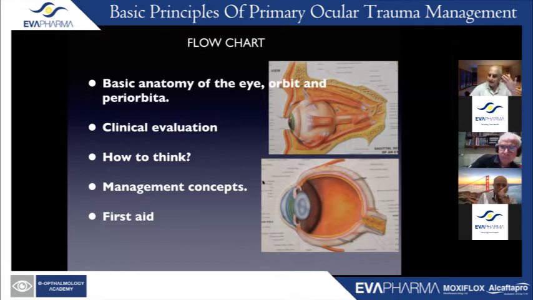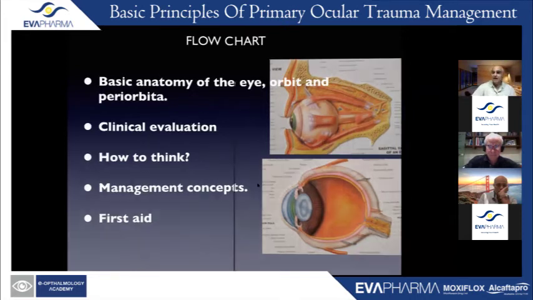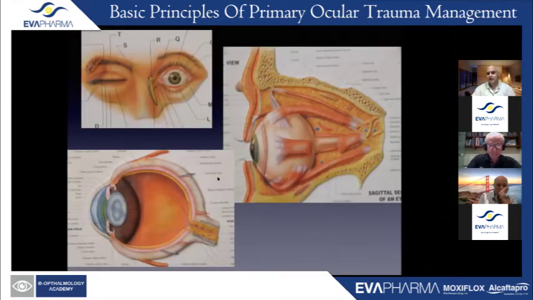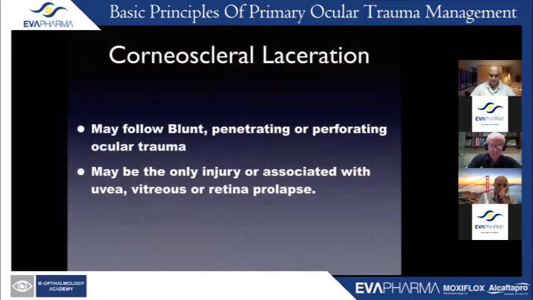You can correlate the history with possible damages and what you are looking for, because as you saw, there are so many different presentations that could be severe and you will not see well. You have to think of the different possibilities when you see such patients.